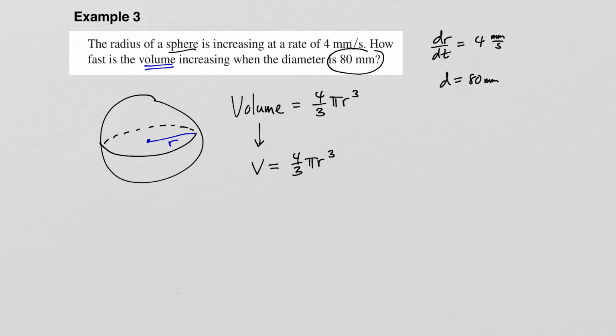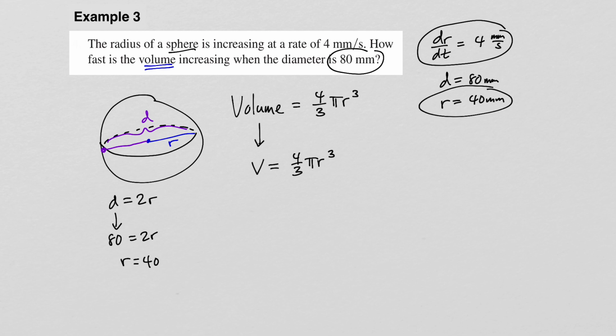You need to remember that the diameter is the distance all the way across the sphere, so the diameter is equal to 2 times the radius. If the diameter is 80, then of course that means that the radius is 40. The radius is always half of the diameter. The reason we're not using the diameter is because there is no diameter in this formula, there's only radius. So that's why I needed to figure that out.